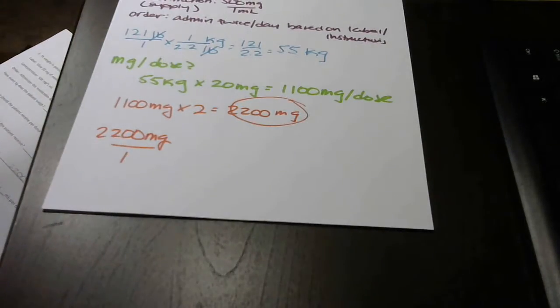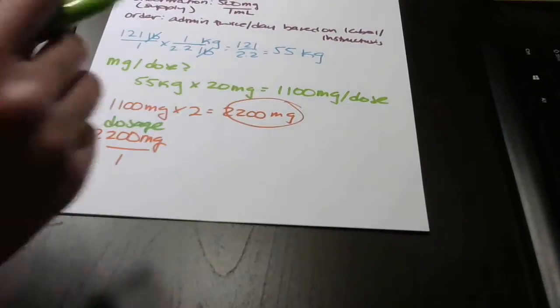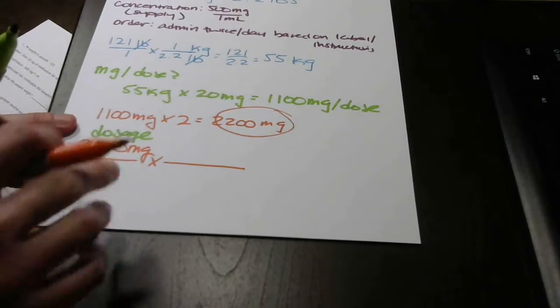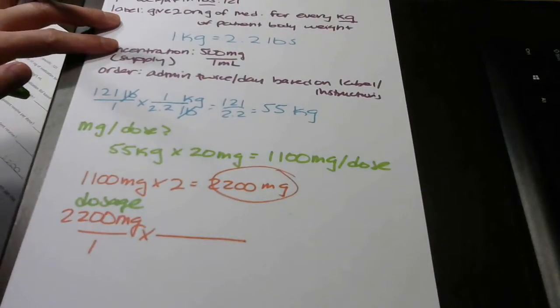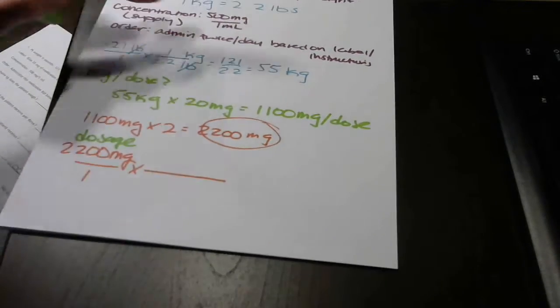So that is going to be our dosage, and then we're going to take that times our supply. Our supply, which was given as a concentration, was 500 milligrams per 1 milliliter.